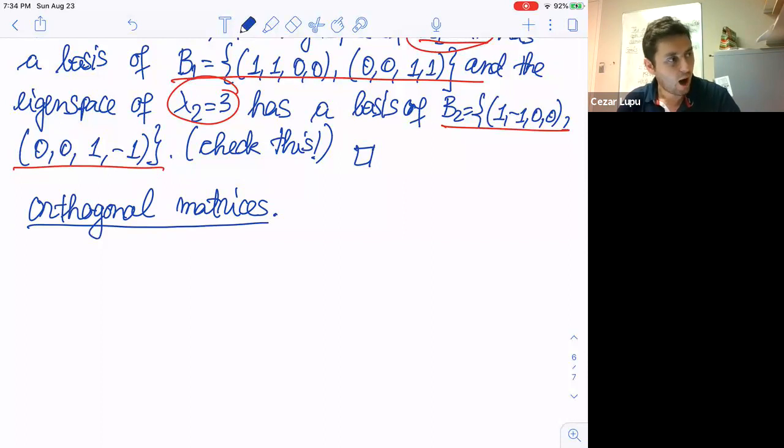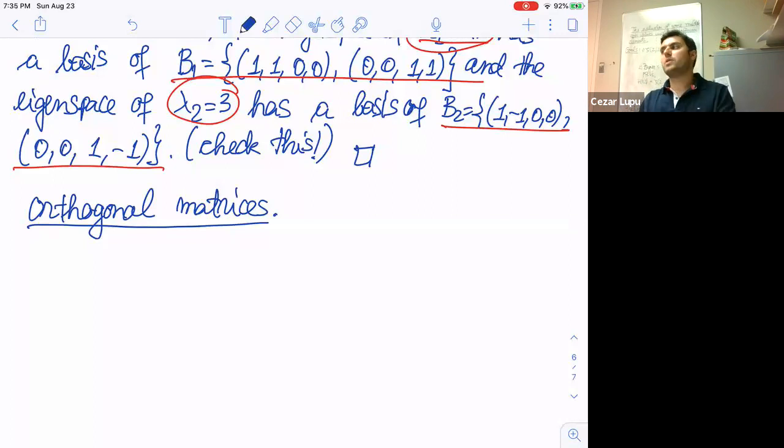You will see how we are going to apply the Gram-Schmidt orthogonalization procedure to orthogonally diagonalize a matrix. But first, let's talk about the orthogonal matrices.